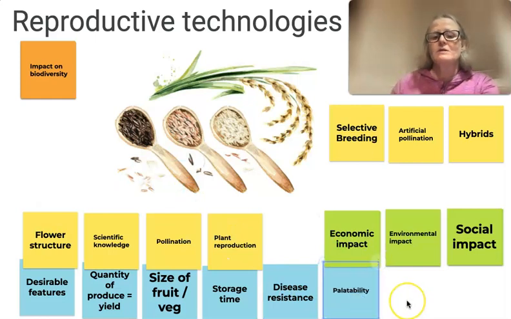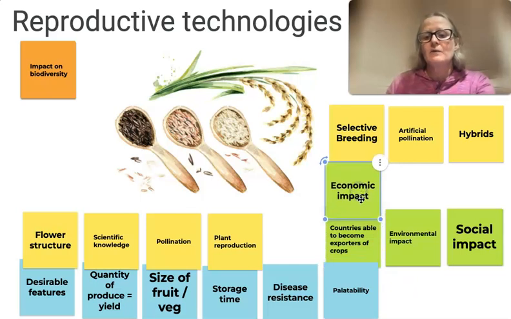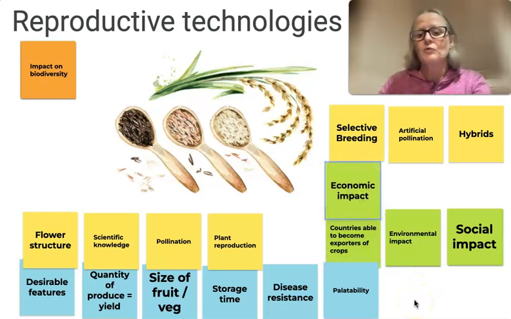So all of those were desired qualities, and it made India move from not having any kind of rice industry to suddenly it became a country that was able to export huge amounts of crops, and it was incredibly economically impactful.